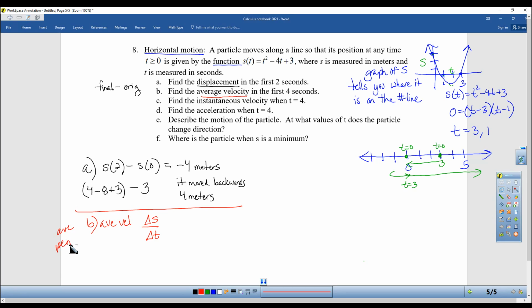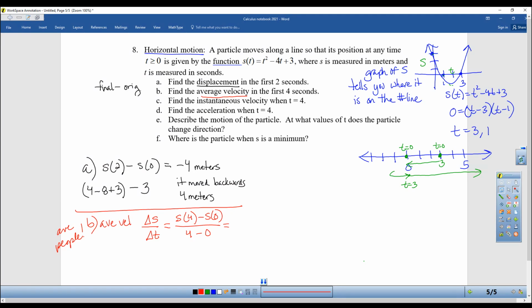Average people can do it. So don't use any fancy calculus. How do I get that change in distance? Well, it's the first 4 seconds. So I want to know where I ended, where I started. That'll give me my change in distance over the 4 seconds. So using the actual slope formula, you want it to look like that.